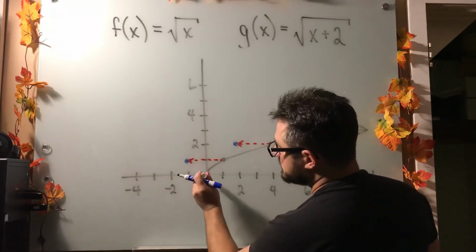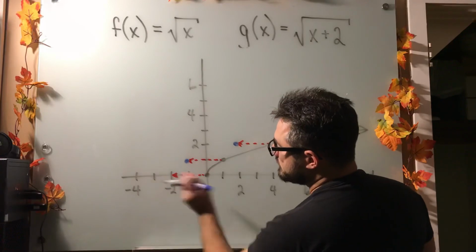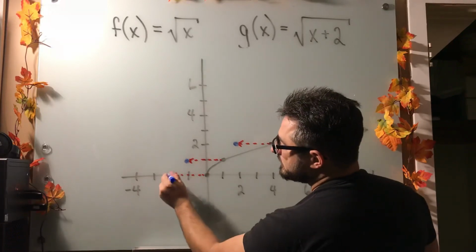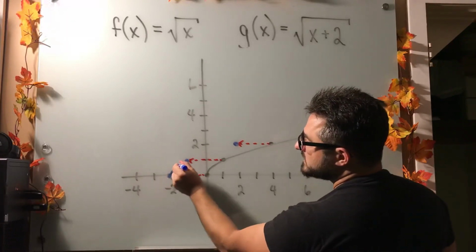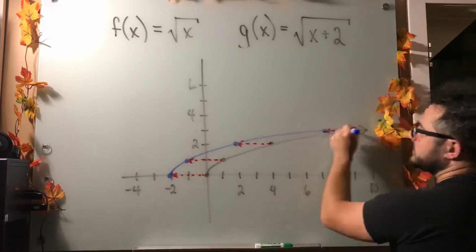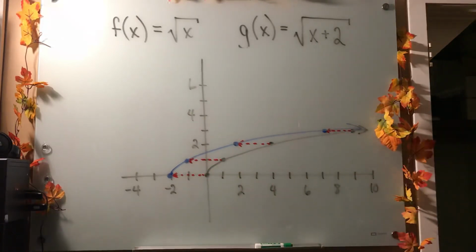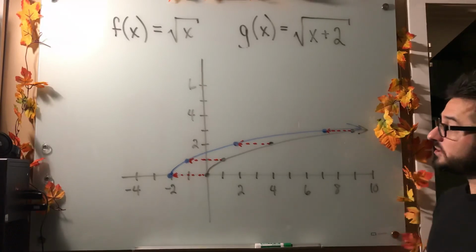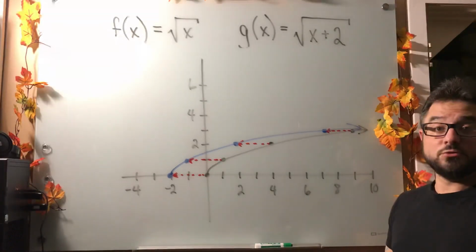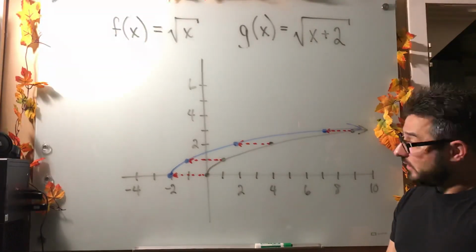And 2 spaces over. And this is the graph of g of x. Every x-coordinate in every ordered pair shifted to the left, 2 smaller than the original.